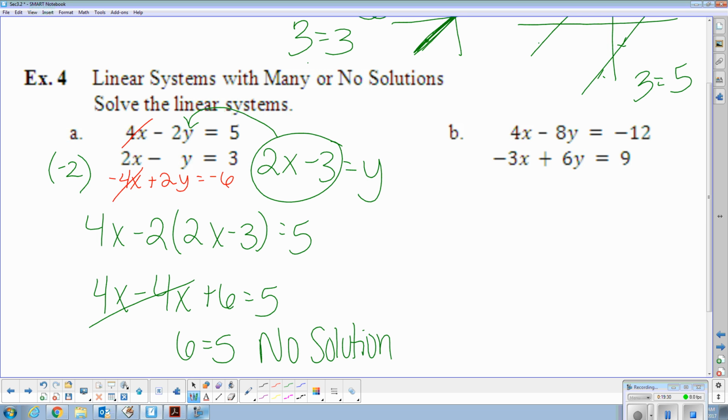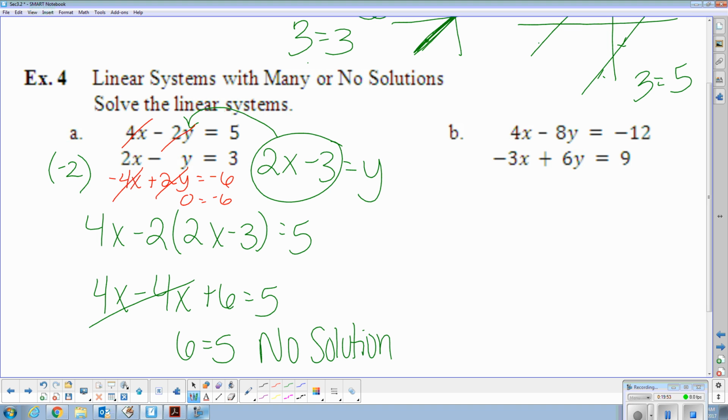And then 4x and -4x would have canceled out, -2y and 2y would have canceled out. So you would have had 0 equals -6, which also is not true. So you still get the same answer, no solutions, no matter which method you use, either substitution or elimination.